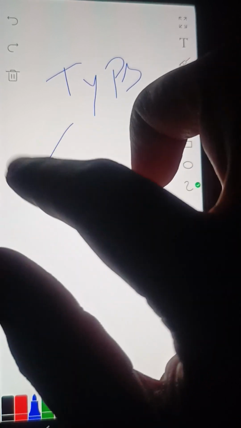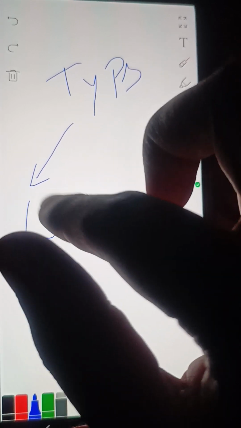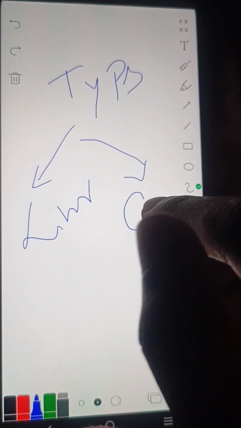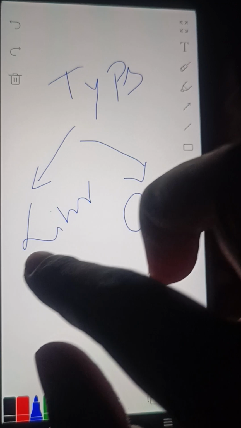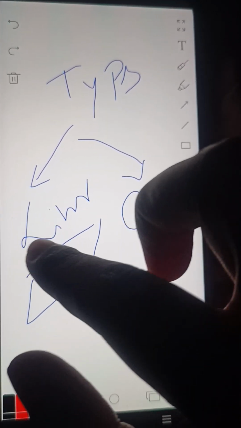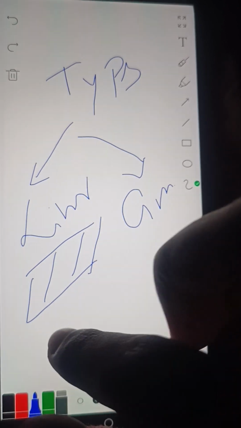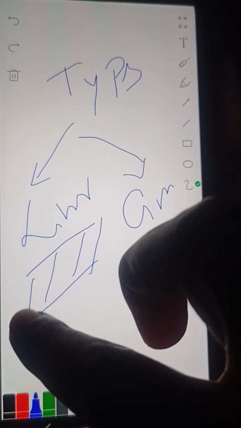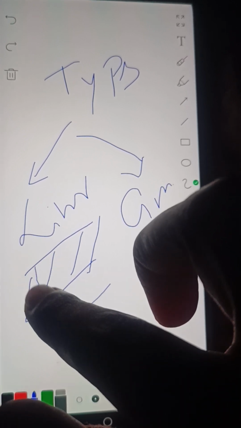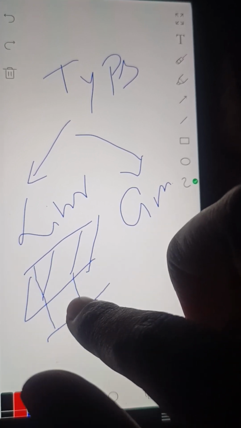Types of grid. There are two types, linear and crossed. What is linear? This is a linear grid. The linear grid focuses in a convergent line.